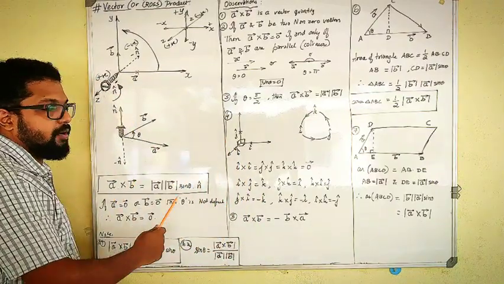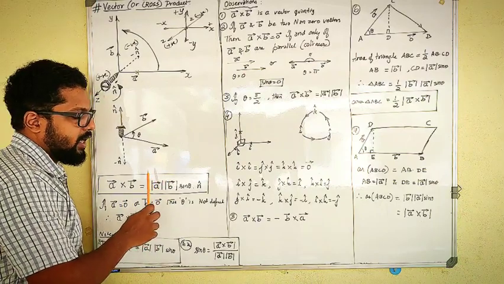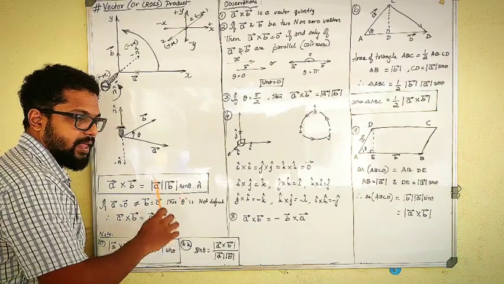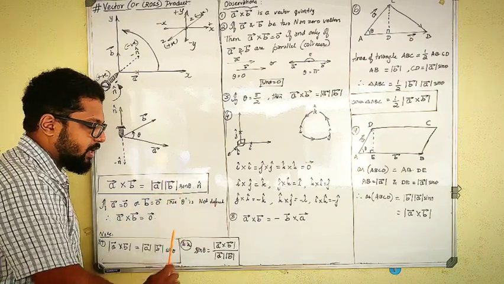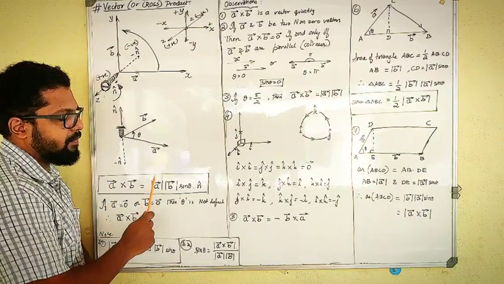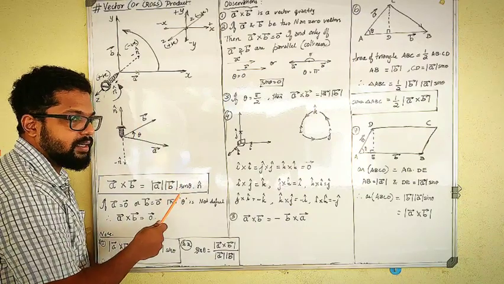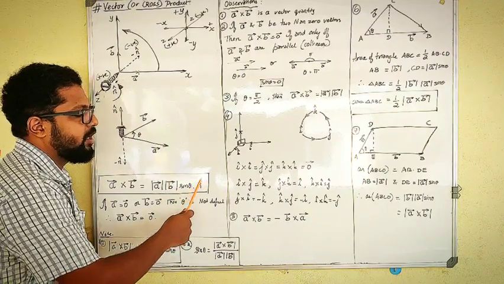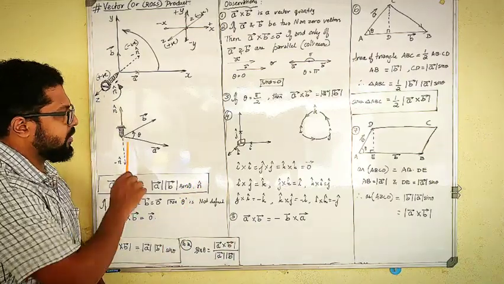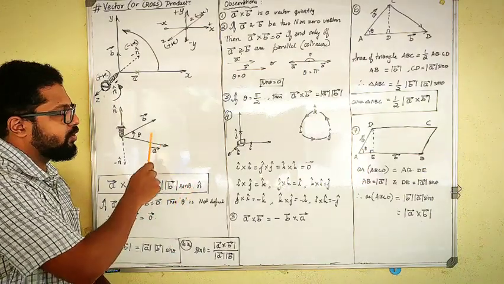Now the theoretical formula. You have studied the dot product: A dot B is magnitude of A, magnitude of B cos theta, and that was it. Now in the cross product, A cross B is equal to magnitude of A, magnitude of B sin theta, multiplied by a unit vector n cap, the unit vector perpendicular to the given two vectors.